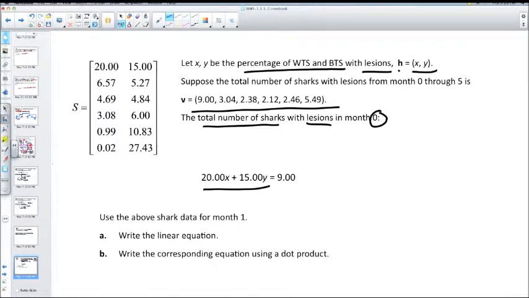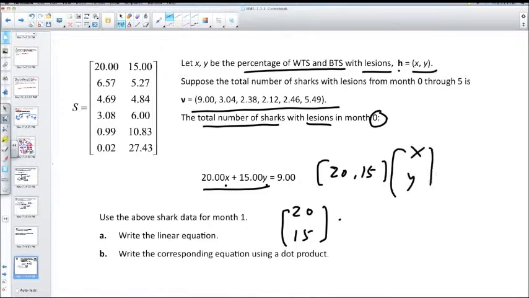Instead of giving the total number of relations, I give the percentage, x and y. And then that gets the first month. If I write it into a dot product, I write 20 and 15 in a row, and the x, y is a column, equal 9.